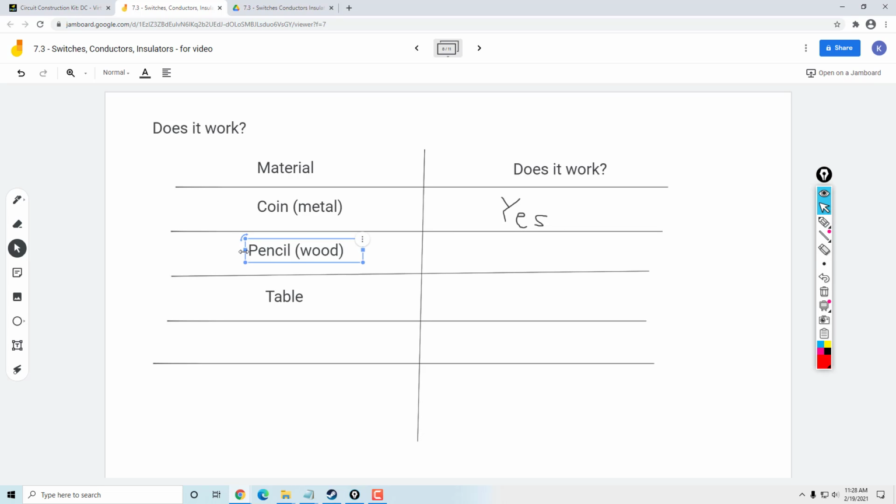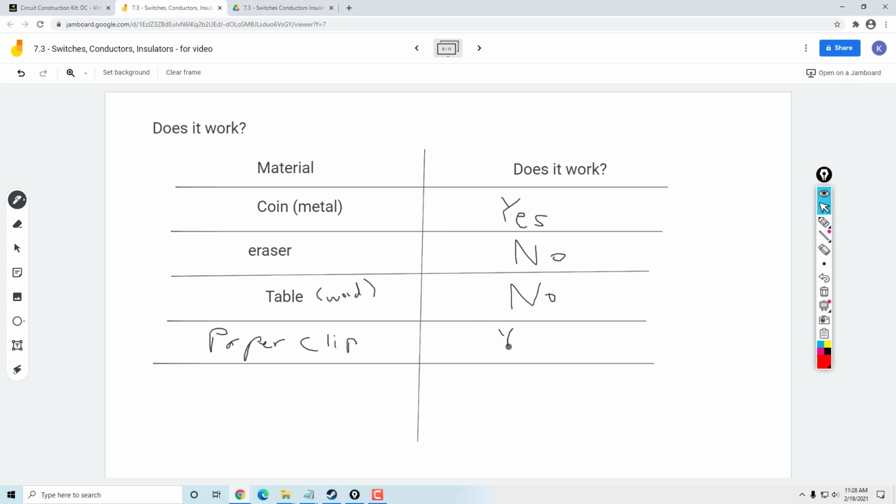So we saw that with an eraser, the eraser does not work. If you use a wood table, it's not going to work. Paper clip, yeah, it's going to work. Some will work, some will not.